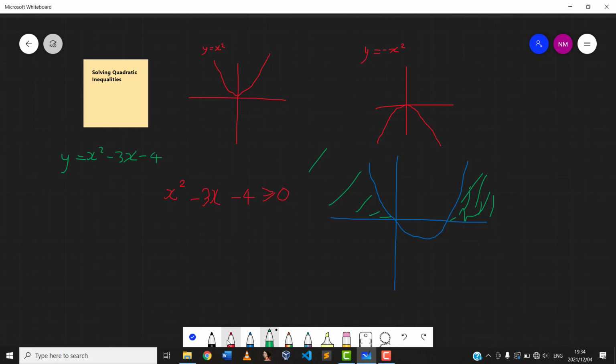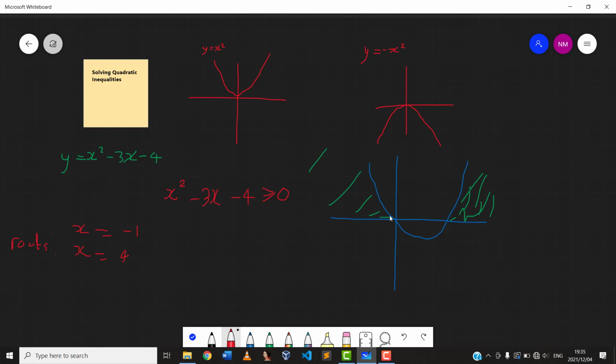So the first step is to find the roots, and you can just use the quadratic equation for this. The roots would be x equals minus 1 and x equals 4, right?